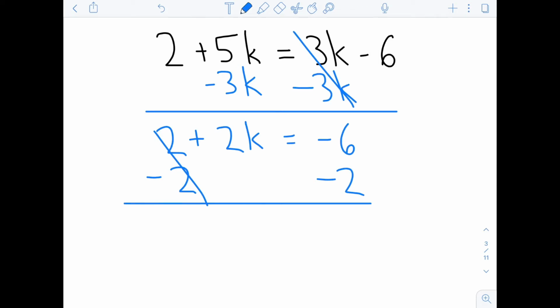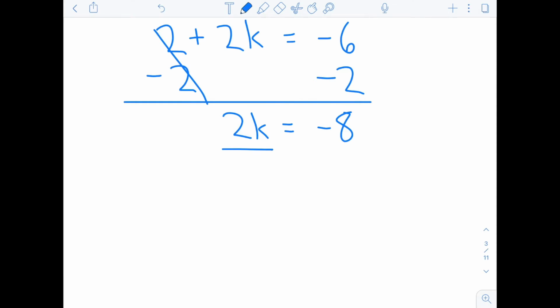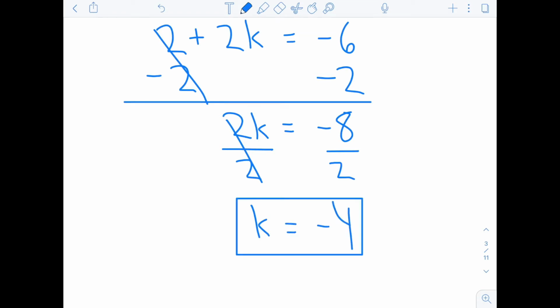So you're going to be left with 2k equals negative 6 minus 2, which is negative 8. And to cancel out the multiplication of 2, we're going to divide by 2. So you're left with k equals negative 8 over 2, which is negative 4. And you could check your solution, and you'll see that it works.